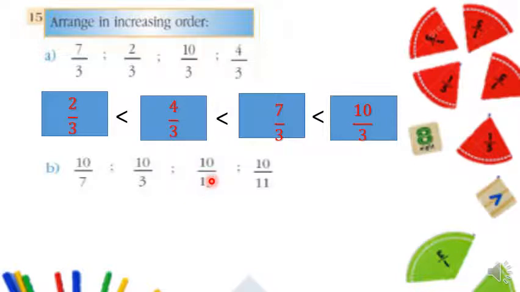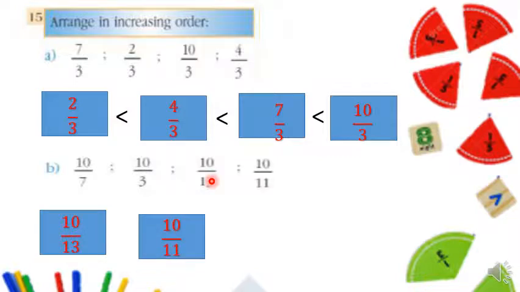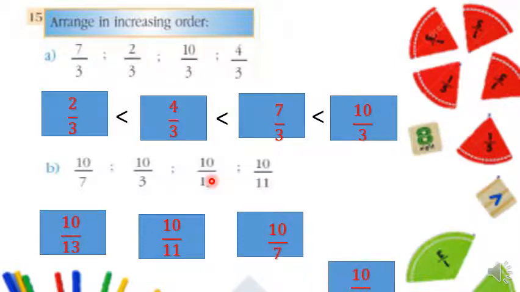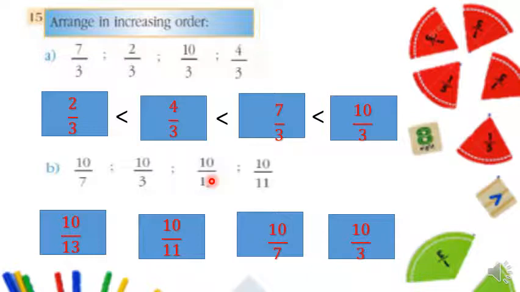So 10 over 13 is the smallest one. Then we have 10 over 11. Then it's smaller than 10 over 7, which is smaller than 10 over 3. And don't forget to put the less than signs.